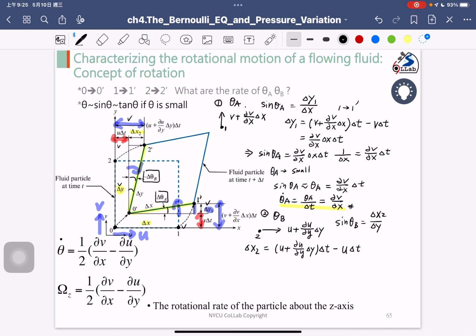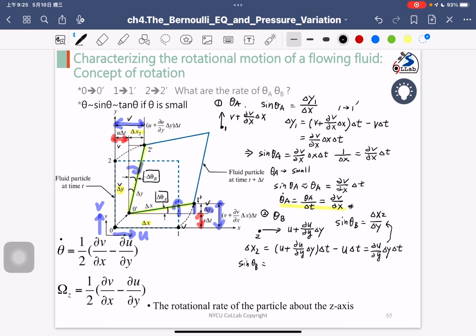So in the result here, we only have du dy and delta y multiplied by delta t. We put the numbers back and go back to define the sine theta b. The sine theta b is equal to delta x2 divided by delta y.